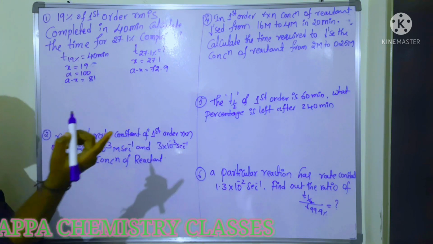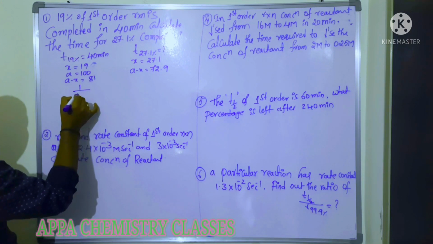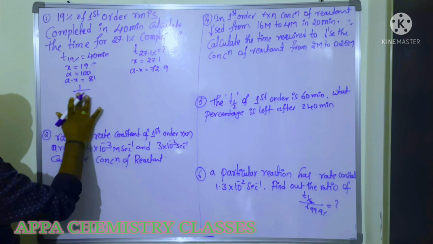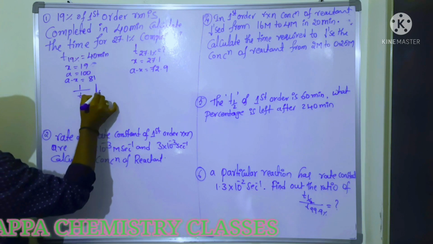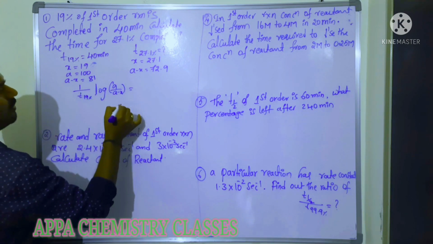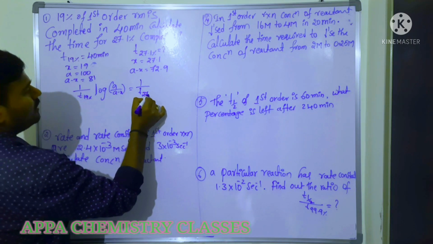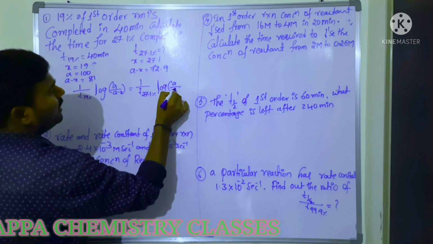So all the values we got, you substitute in the rate constant formula, that is 1 by t 19% log of a by a minus x is equal to 1 by t 27.1% log of a by a minus x.